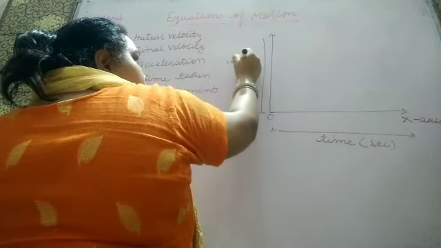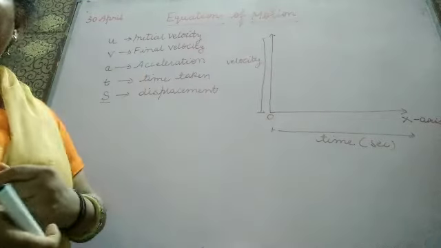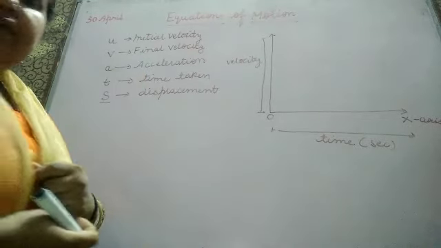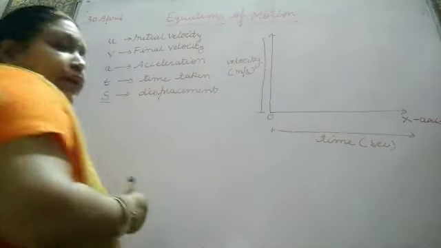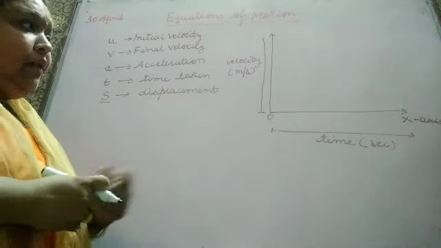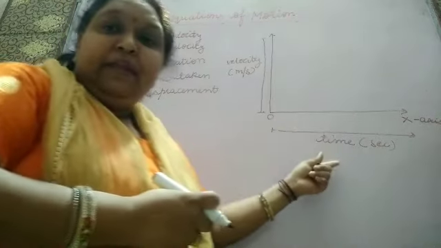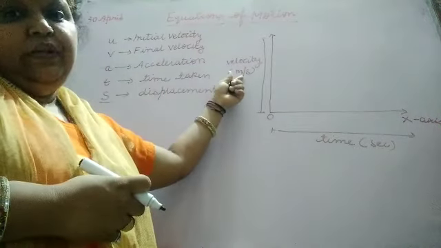What is the SI unit of velocity? Meter per second. You will write here in bracket meter per second, okay. Is this clear? On x-axis we have taken time, on y-axis we have taken velocity, okay.